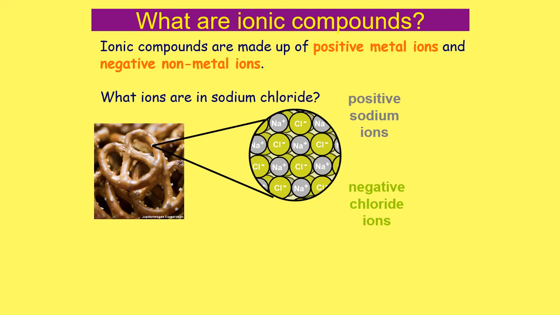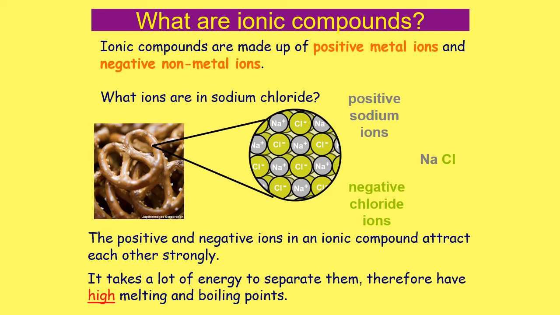That has produced positive sodium ions and negative chloride ions. Now that we have ions, we can form an ionic bond, and that ionic bond is just the fact that positive and negative things stick to one another. And they stick together in an alternating order, so it goes positive, negative, in something we call an ionic lattice.